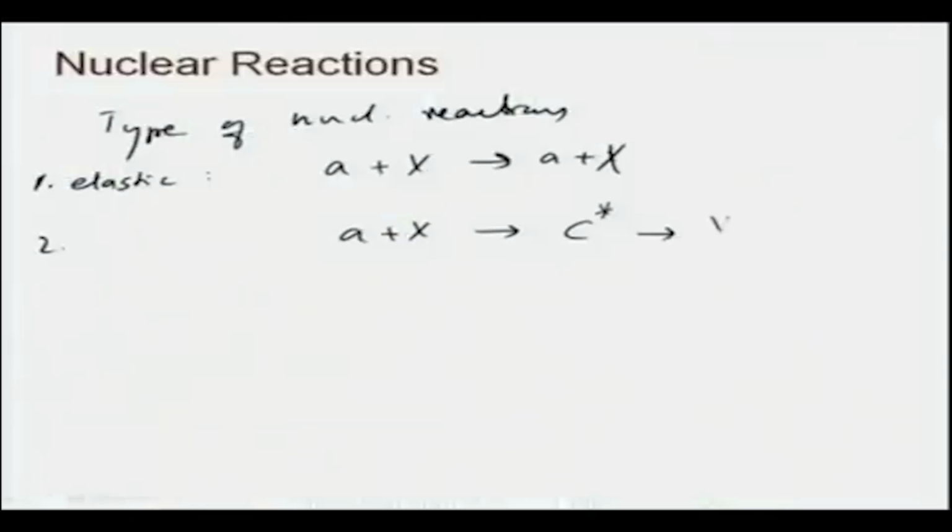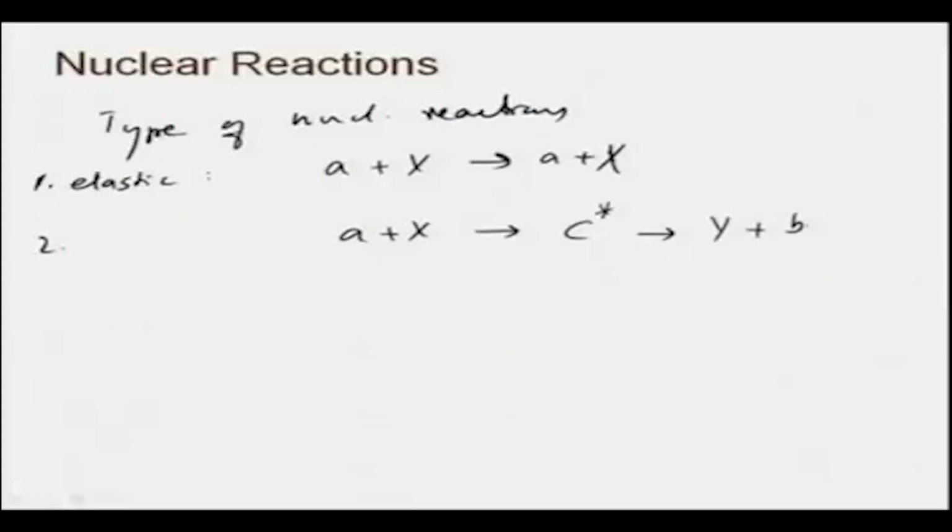In that case, this neutron can directly interact with the nucleons through strong nuclear forces, and that will actually result in a compound nucleus being formed. And then this compound nucleus is not a stable nucleus, and it can therefore decay down to something else, say y plus b.